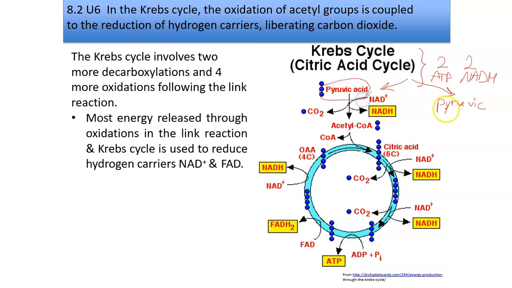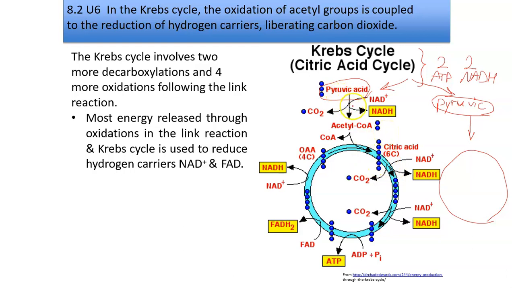So don't forget about that. There will be 2 pyruvic acid, and it will undergo another cycle exactly the same as this cycle, or citric acid cycle. Okay, so let's see this cycle.